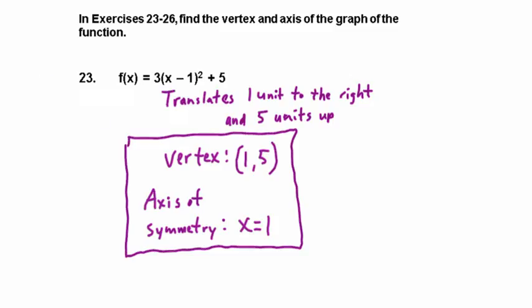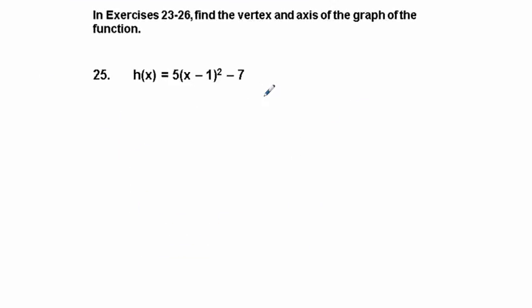Our last problem in the set we're going to be looking at is this one here. Well, in this one, the a doesn't make any difference as far as where the vertex and the axis are. So we will say translates, it's x minus h.